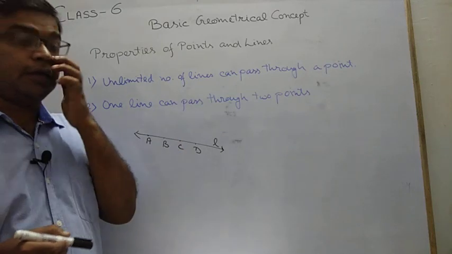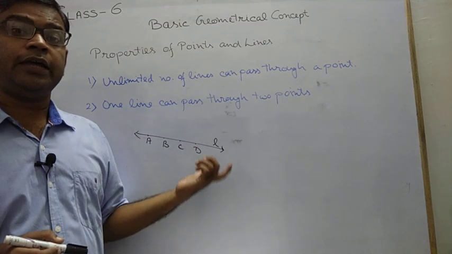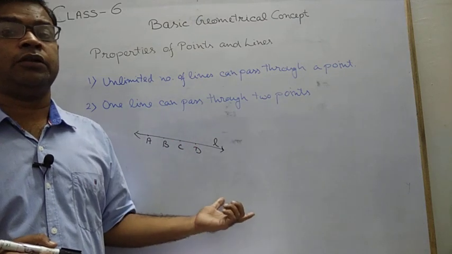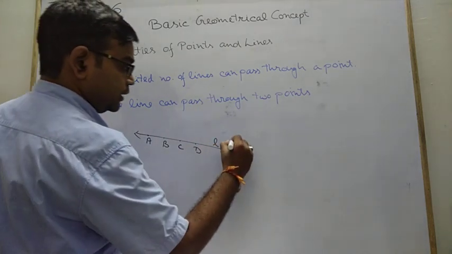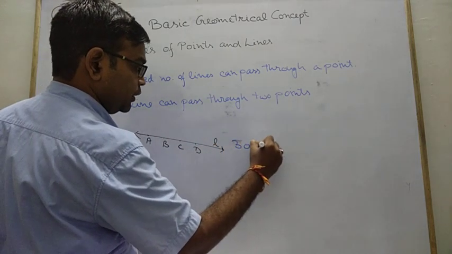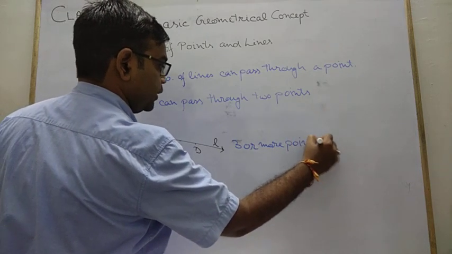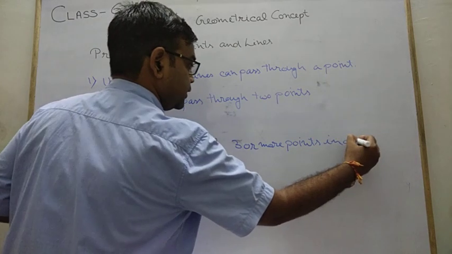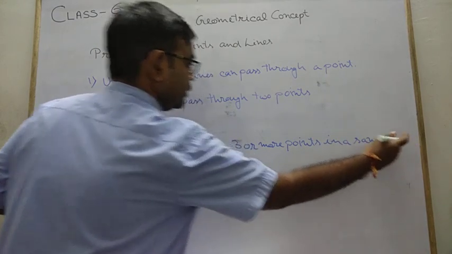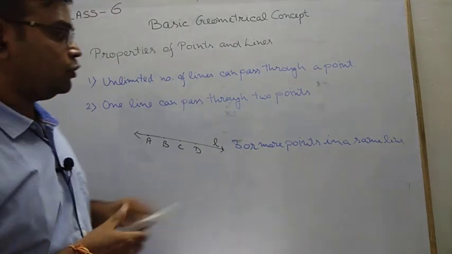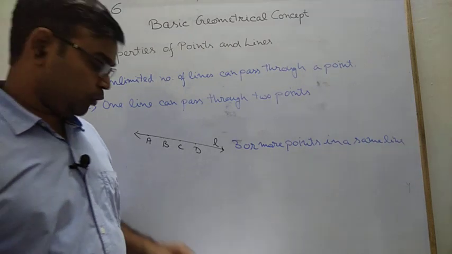Always remember that if three or more points lie on the same line, then they are known as your collinear points.